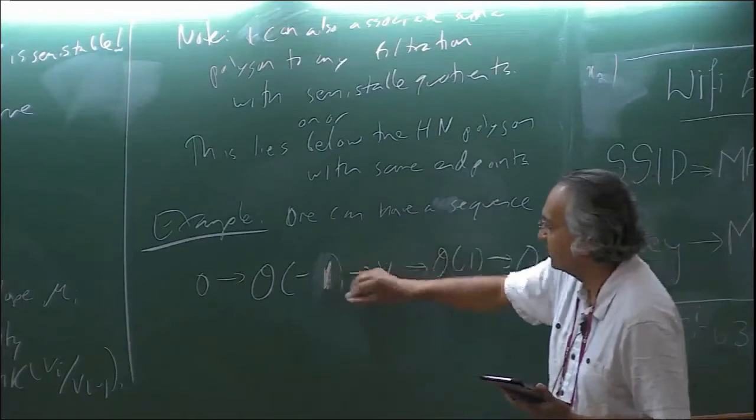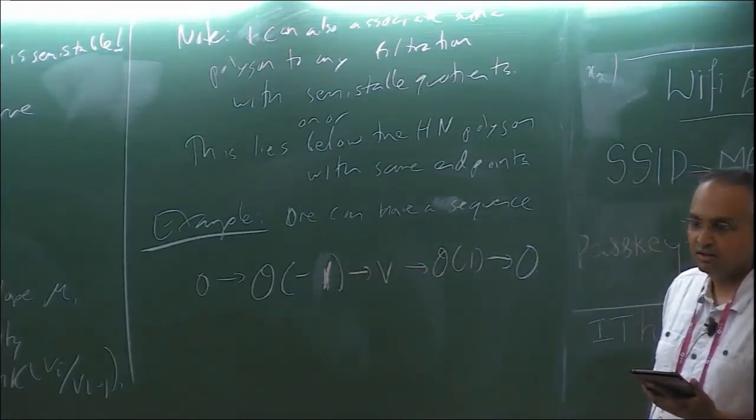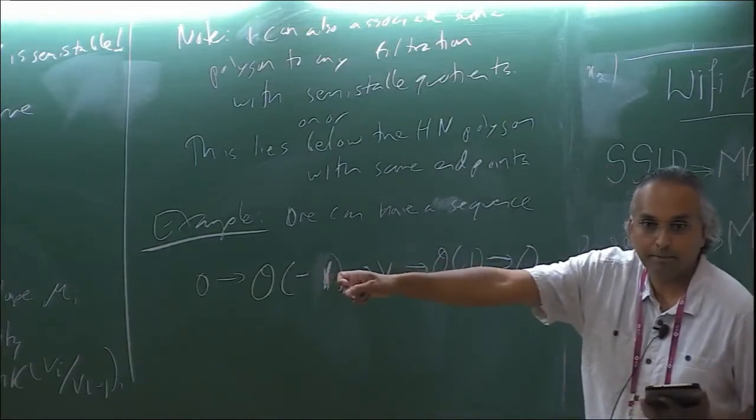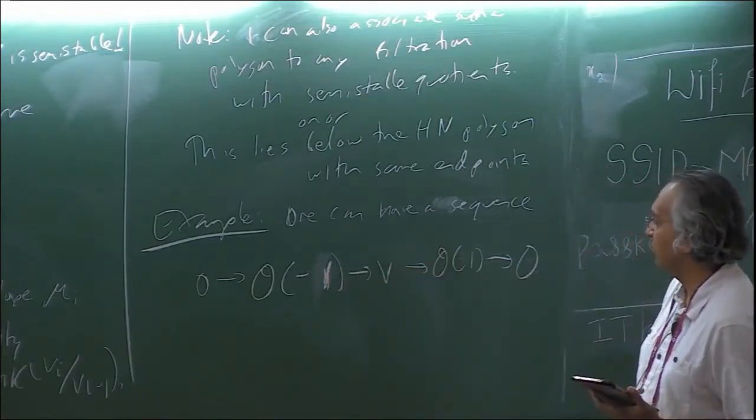So you could have something like this. Rank 2, the -1 is a sub, so that's the wrong way around. But this does have semi-stable quotients.